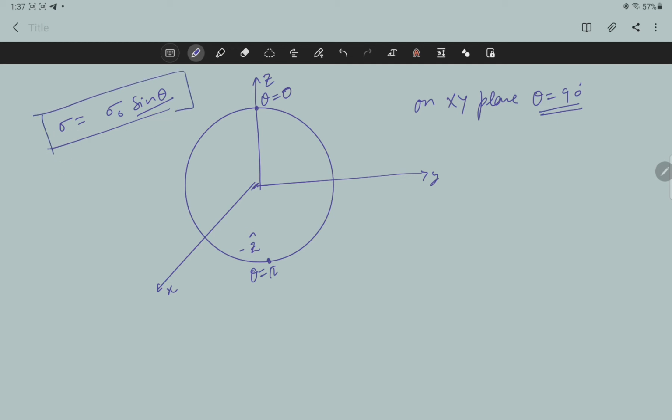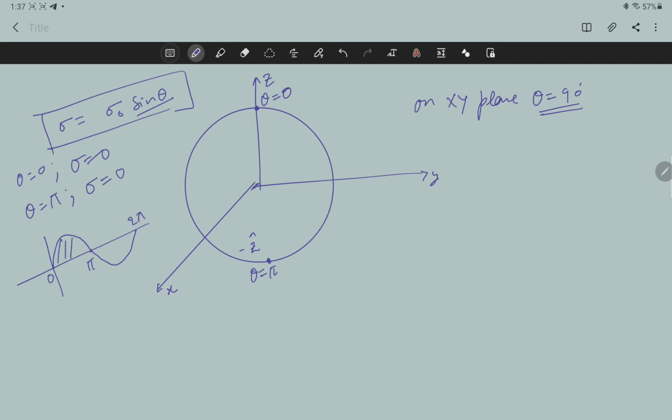If theta is 0, then sigma will be 0. If theta is equal to pi, in that case also sigma will be 0. If we draw the graph of sine, it is like this, where this is 0, this is pi, and this is 2 pi.